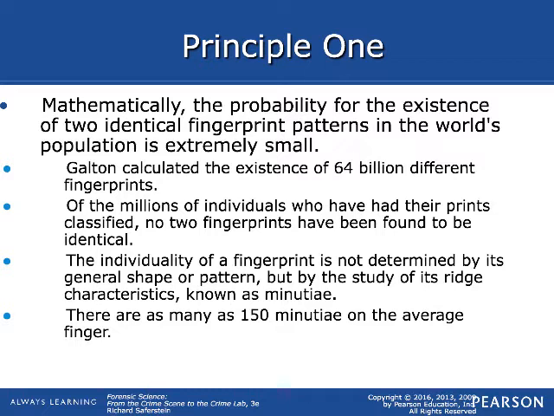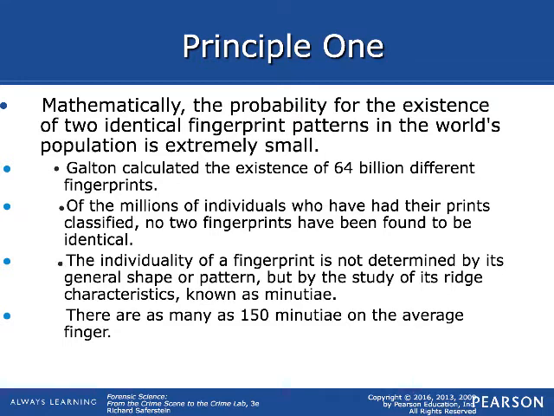Mathematically, the probability for the existence of two identical fingerprint patterns in the world's population is really, really small. Galton calculated the existence of 64 billion different fingerprints. So that's a lot of fingerprints. Now, of the millions of individuals who've had their fingerprints classified, so far they haven't found two that are identical.